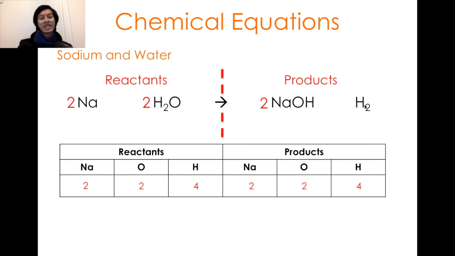What I'm saying is, in my chemical reaction, I'm going to have 2 sodium atoms joined together with 2 water molecules, and then that reaction will split them apart, and I will get 2 molecules of sodium hydroxide, NaOH, and 1 molecule of hydrogen gas, which is H2, okay?